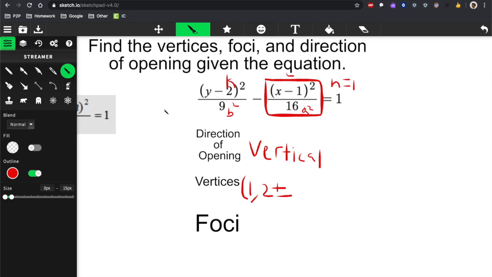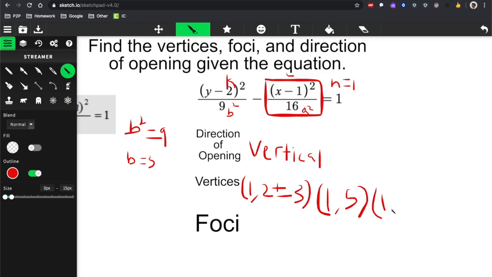So b squared, we need to find b, square root both sides, and you will get 3. So b is equal to 3. So 1 comma 2 plus or minus 3. And now let me write out what those points will be. So 2 plus 3 is 5, 1 comma 5 for one of our vertices. And our other vertex is at 1 comma negative 1.